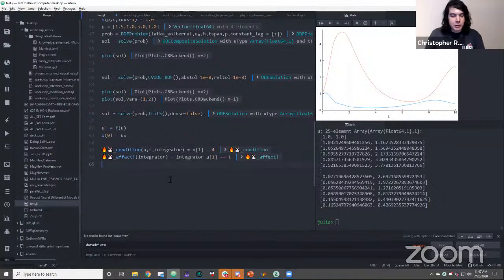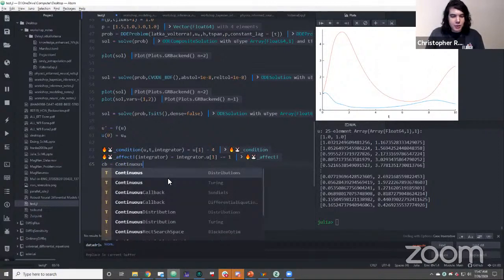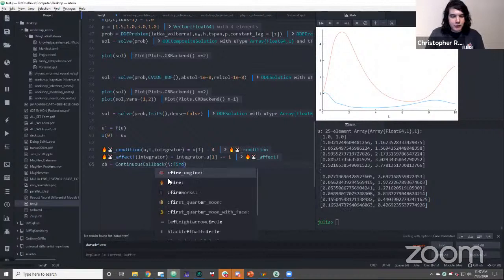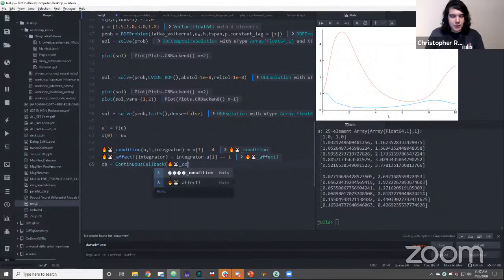What we then do is we call this our callback, right? So this is going to be our continuous callback with this fire rabbit condition and the fire rabbit effect. Oops.